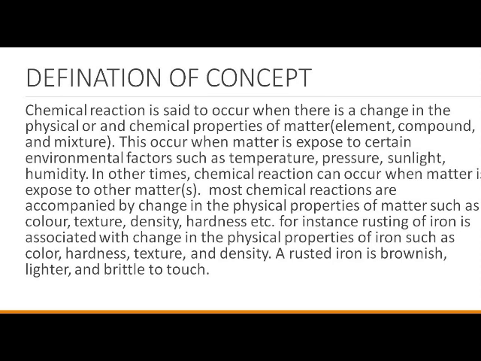For instance, rusting of iron is an example of a chemical reaction. It's an oxidation process which is associated with change in the physical properties of iron such as color, hardness, texture, and density. A rusted iron is brownish, lighter, and brittle to touch.